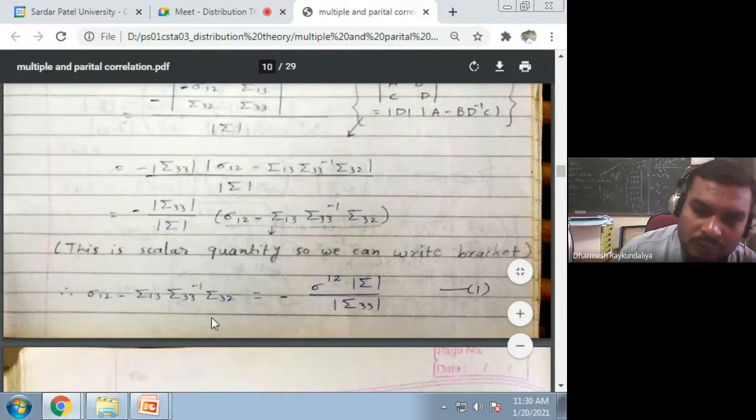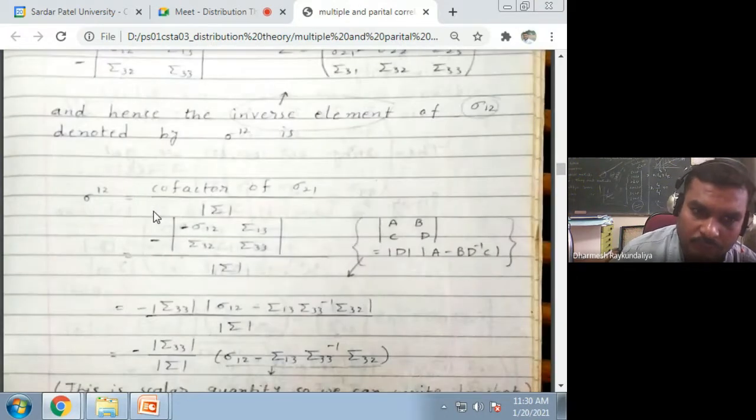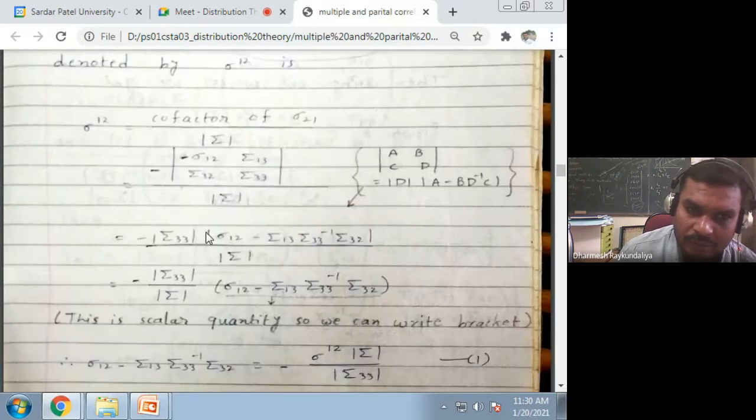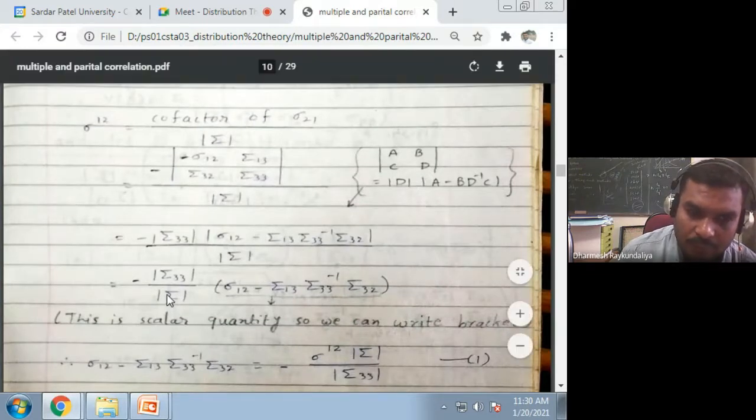We write this as the cofactor of sigma 1 2. Taking this quantity on the left hand side, it is minus sigma 1 2 into determinant of sigma divided by determinant of sigma 3 3. So this is sigma 1 2 minus sigma 1 3 sigma 3 3 inverse sigma 3 2.